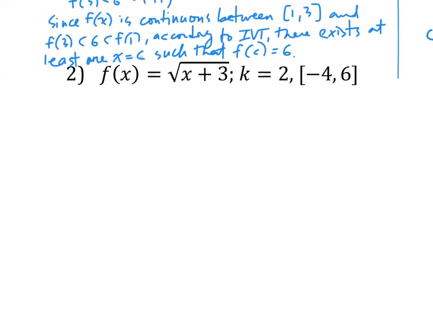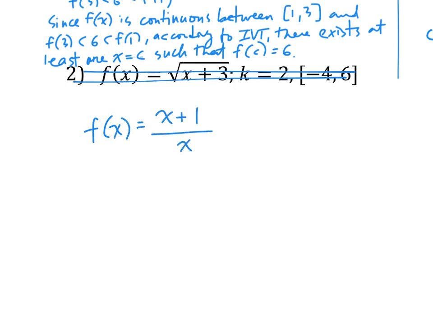All right. Now is the time for you to practice. So looking at this function here, actually, let's change it so it's a little easier to do. Let's say that f of x is equal to x plus 1 over x. K equals 2 between the interval -2 to 2.